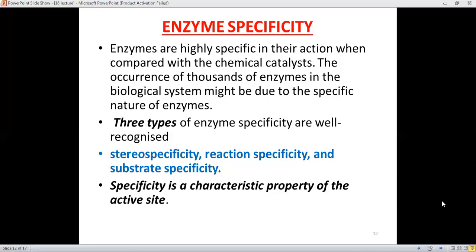It means that the specificity of an enzyme is due to the role of the active site, and at the active site of a certain enzyme, the conformation, the sequence, or the presence of amino acids are different. Therefore, three types of enzyme specificity are well recognized, and we will discuss them here.